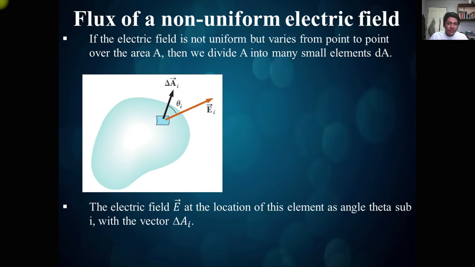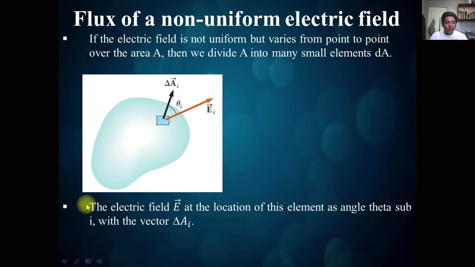According to our lesson or our guide, the surface is divided into small areas, delta A, such that each has its own normal vector, with the electric field passing through. So we divide this surface into very small areas.